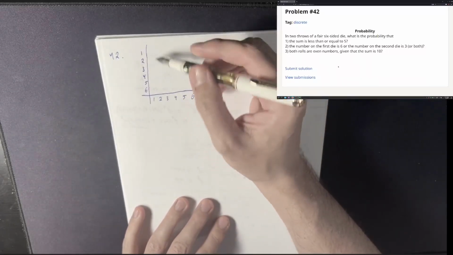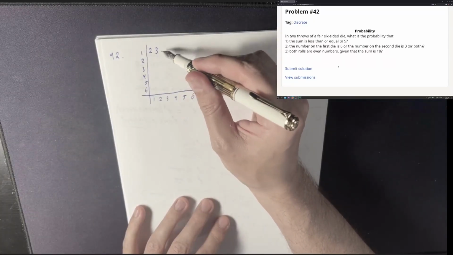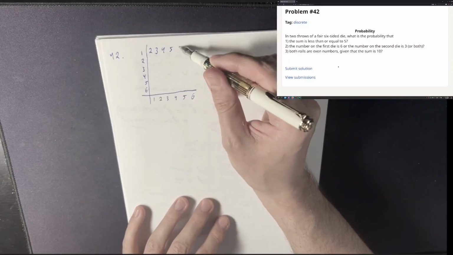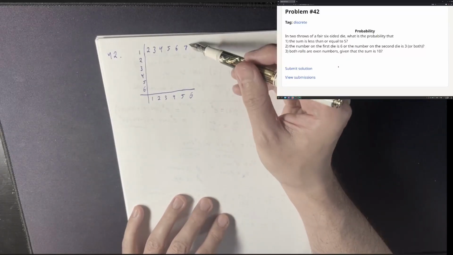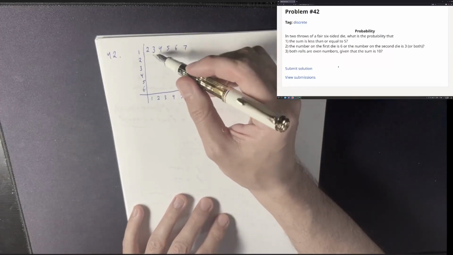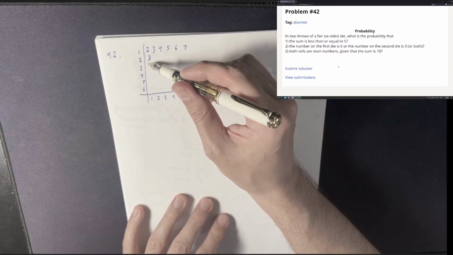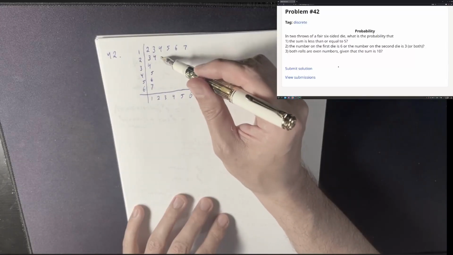But anyway, 1 plus 1 is 2. 1 plus 2 is 3. So when you do it this way, notice the first die is 1 and the second die is 6. That gives us a sum of 7, right? The order matters. The only way the order doesn't matter is when you roll the same number on both dice, because then you can't really see the difference.